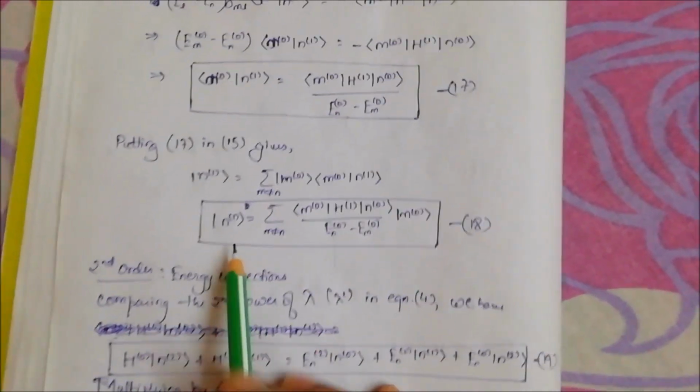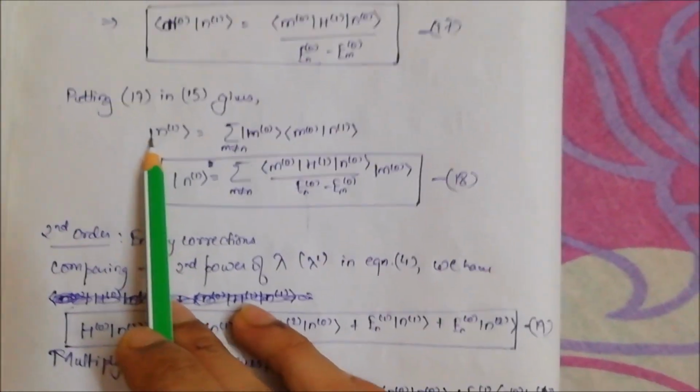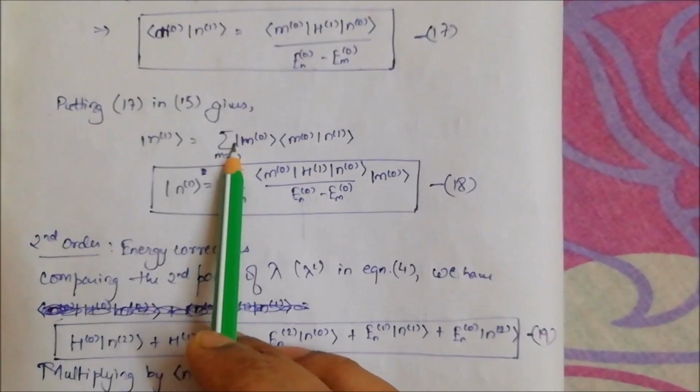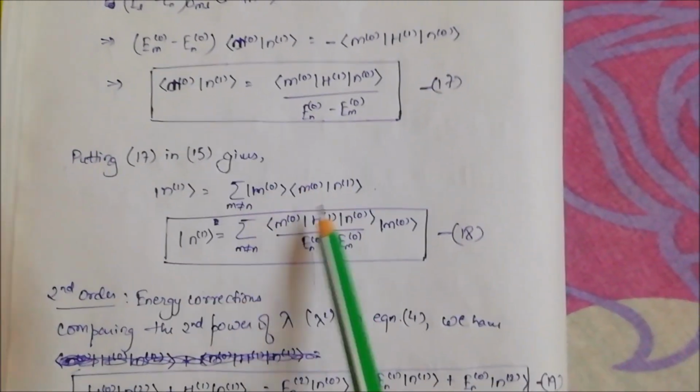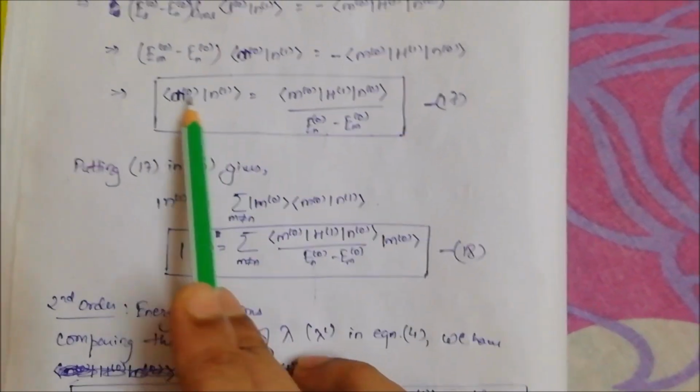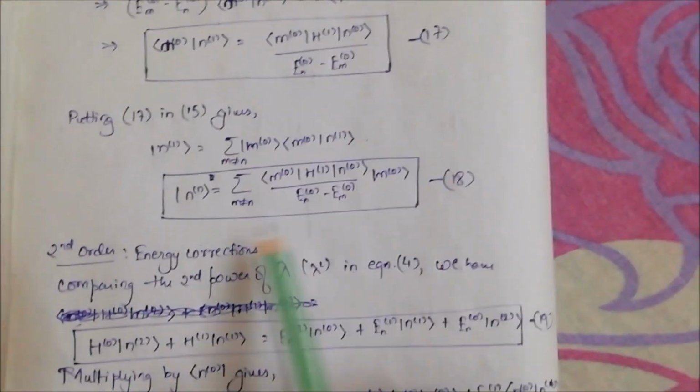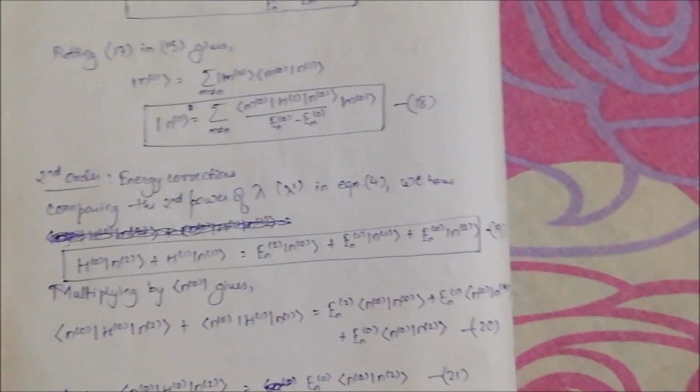And again our first order correction was expanded like this. Now we put in place of this the expression that we obtained, and this gives our first order correction to the wave function.